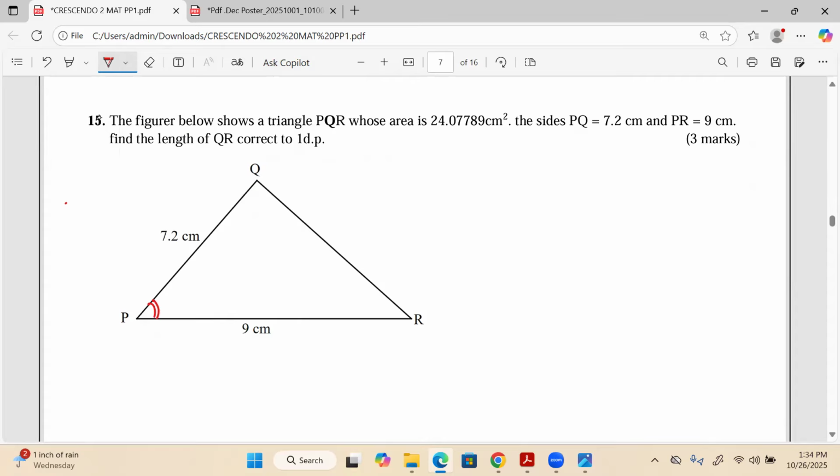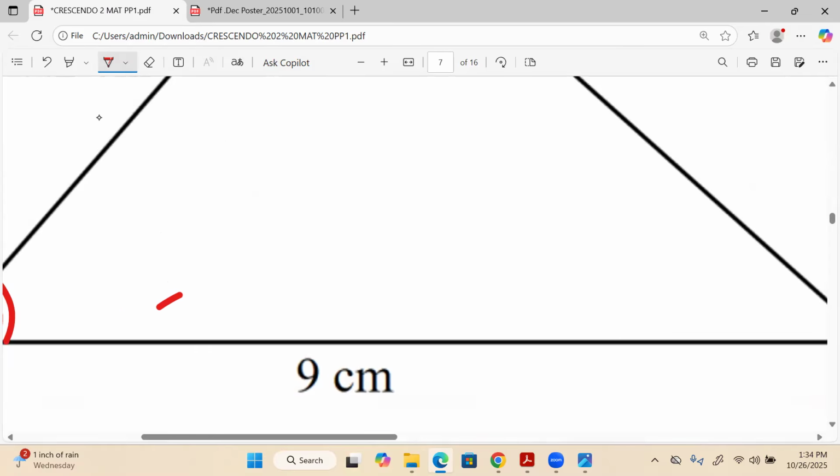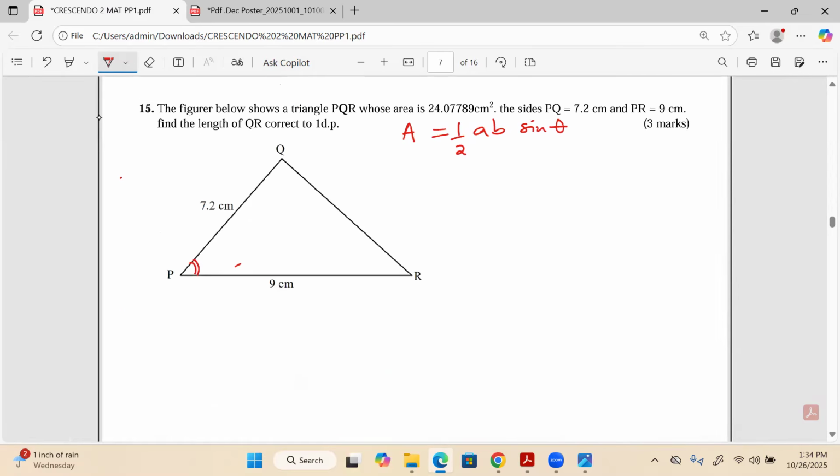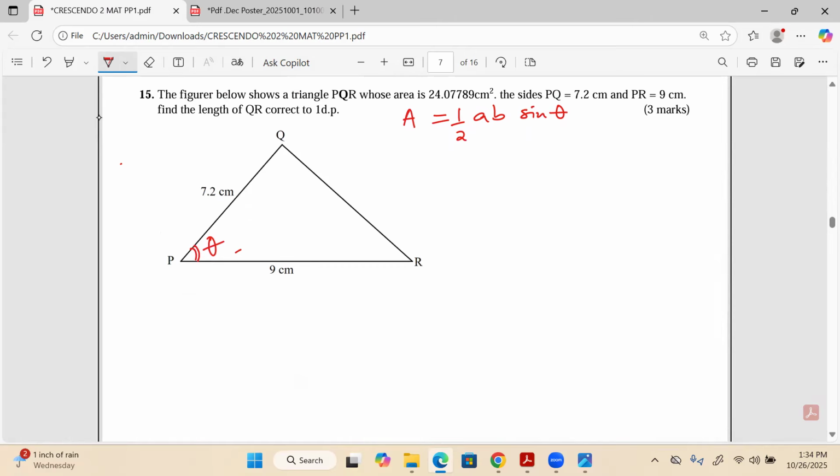Okay. Area is usually given by half ab sine beta. In this case, a and b are two sides, and beta is the angle between them. So we can have beta at that point and say that the area, which is 24.07789, equals half multiplied by one side times the other side, the sine of the angle between the two sides.